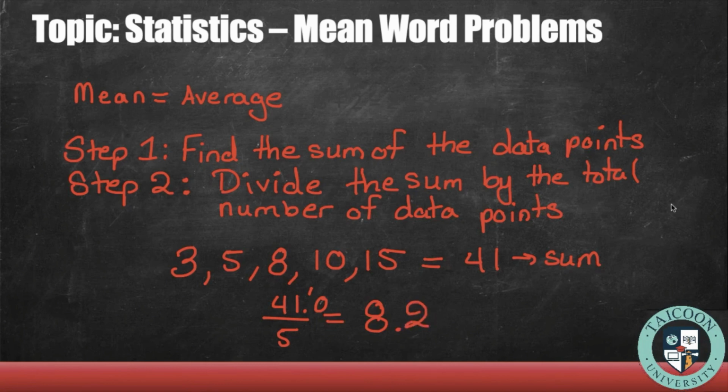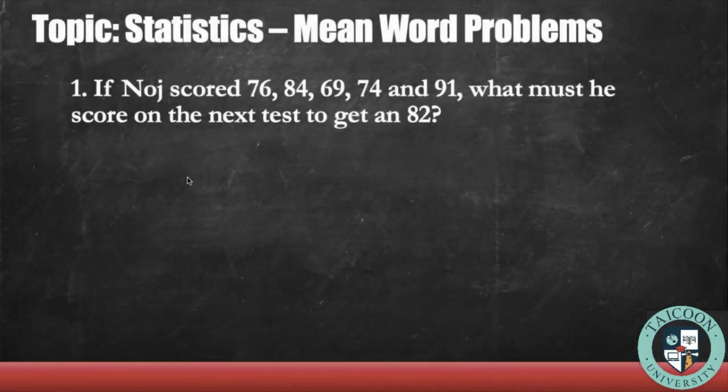Let's use our baseline understanding of calculating the mean to solve more complex average/mean word problems. We're going to use the mean formula to solve the following problem. But before we do that, let's think of a different way to think about the mean formula. When we calculate the mean, we have to do two things.